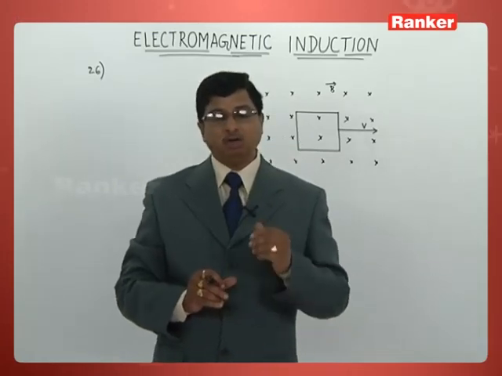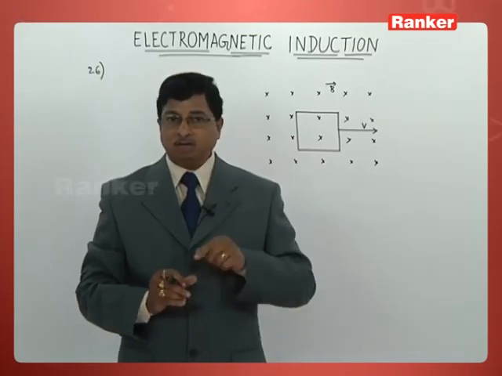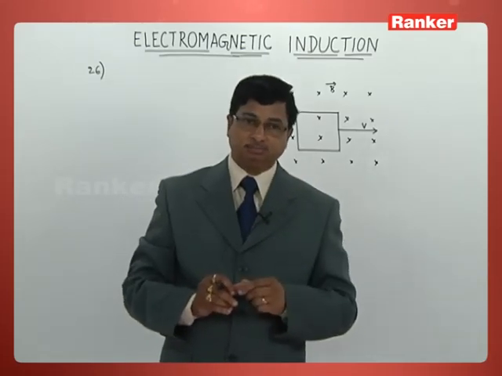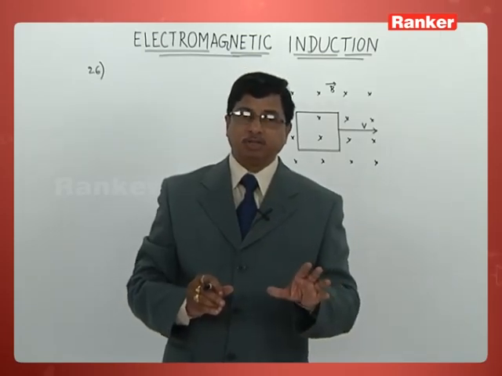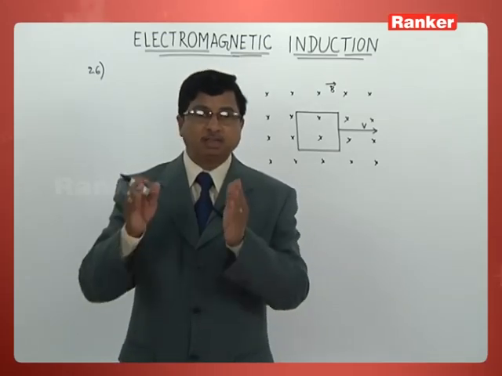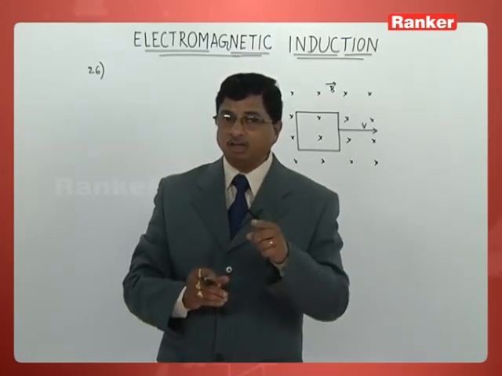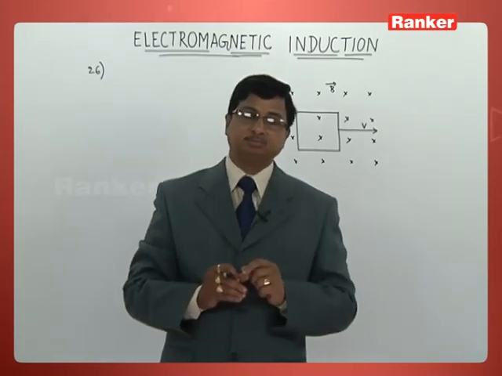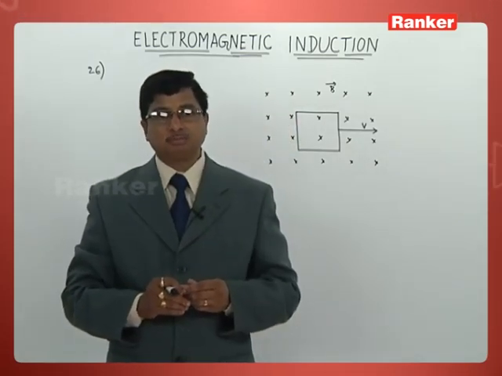And in fact, we all know the basics of this electromagnetic induction chapter. Whenever there is a rate of change of magnetic flux, then only we observe induced EMF across the terminals of that loop or that wire or that conductor which is moving. As long as the magnetic field is constant, there will never be any amount of induced EMF produced.